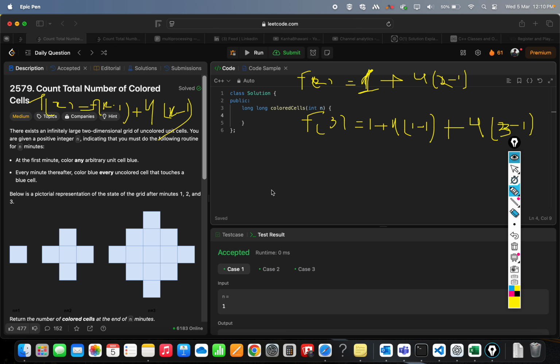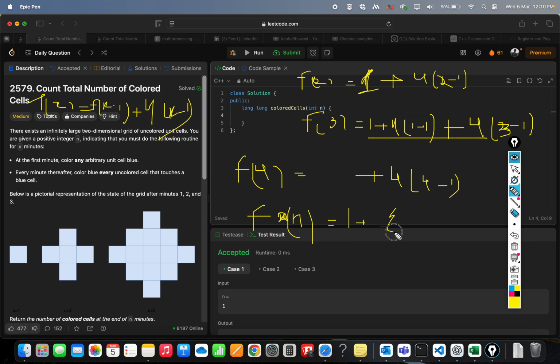So can we get a series? So we can say f(n) is 1 plus sigma of 4 times x minus 1, and x belongs to 2 to n, right?